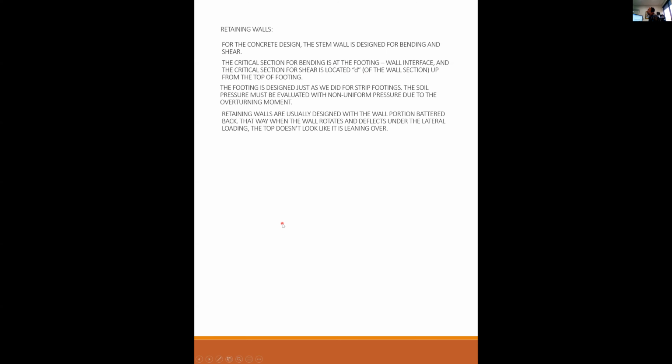Retaining walls are usually designed with the wall portion battered back. That way, when the wall rotates and deflects under the lateral loading, the top doesn't look like it's leaning over. So here's the illustration. Usually, walls are thicker at the bottom where you need more thickness and are thinner at the top where you don't.